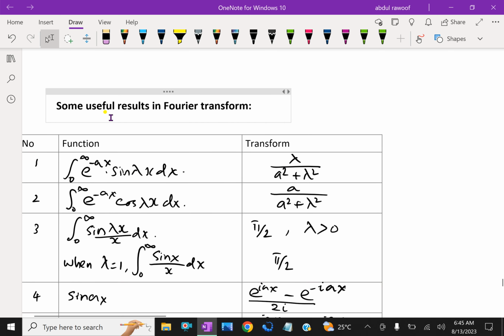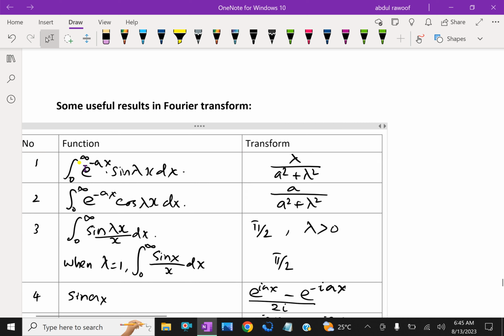Here are some useful results in Fourier transform in tabular form. The first: integral 0 to infinity e power minus ax sine lambda x dx is equal to lambda over a square plus lambda square. The second: integral 0 to infinity e power minus ax cos lambda x dx equals a over a square plus lambda square.